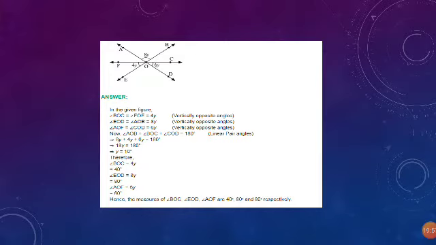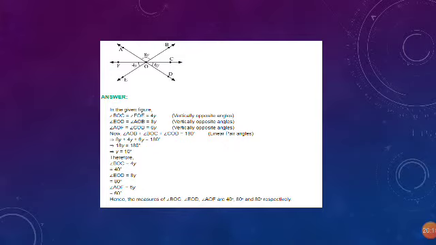Next one, in the given figure, angle BOC equals angle FOE equals 4y. Vertically opposite angles, as you already know. Angle EOD equals angle AOB equals 8y. Next, angle AOF equals angle COD equals 6y.